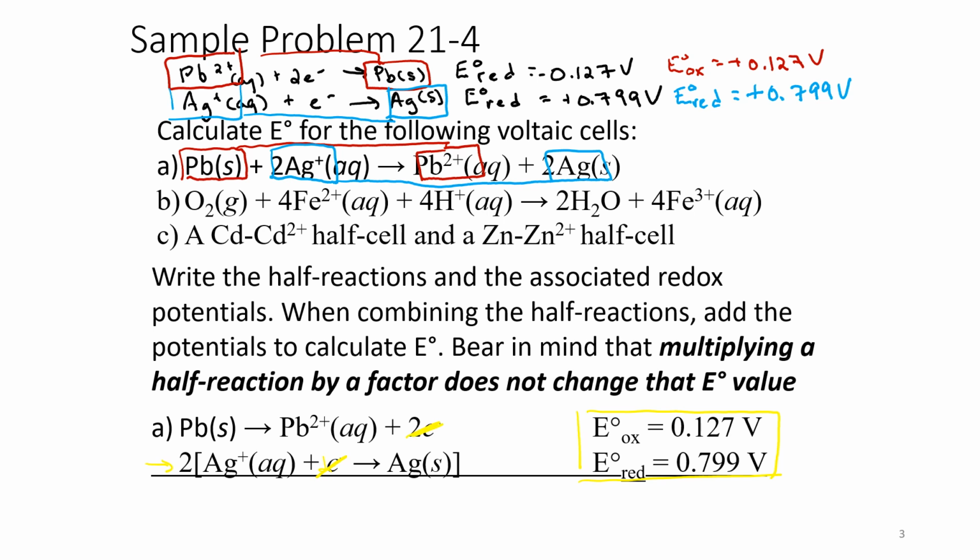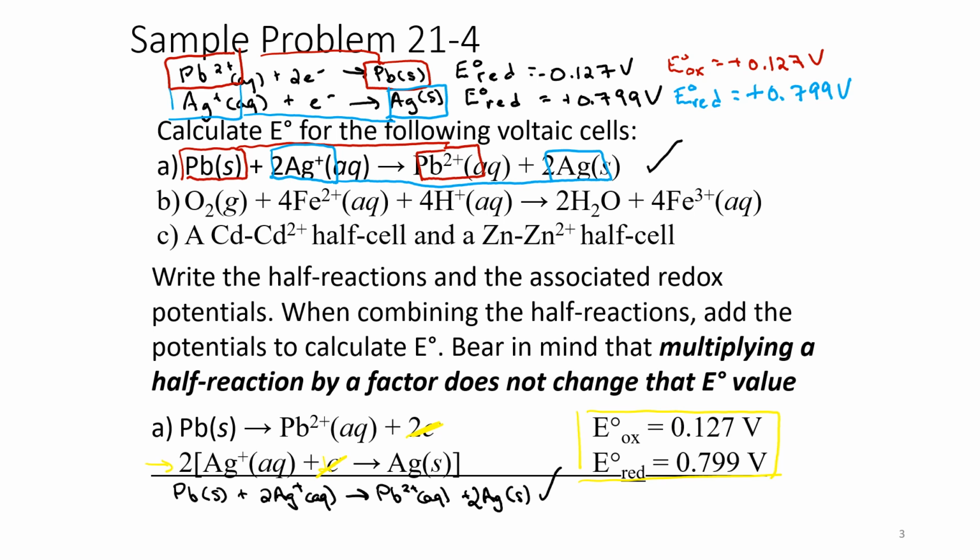And we would be given our overall equation, which is solid lead plus 2 silver cations producing lead 2 plus cations plus 2 solid silvers. That is our overall equation from part A.